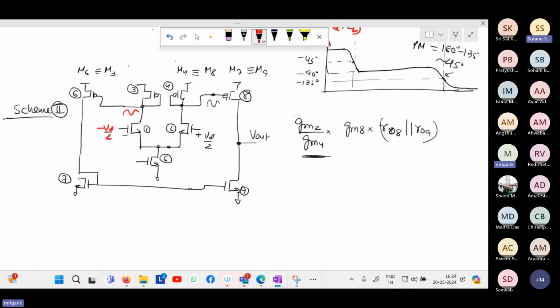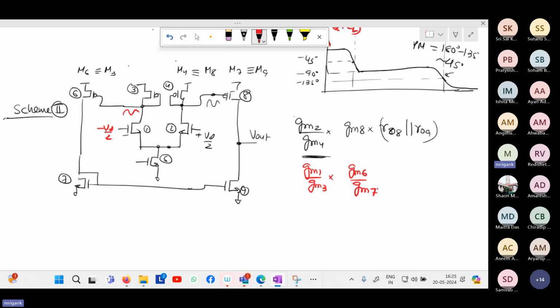What will be the gain of the second path? That will be GM1 by GM3 multiplied by GM6 by GM7, right? Because the seventh is diode connected. GM6 by GM7, okay. And we have to look at the output, right? So it's not the final output.